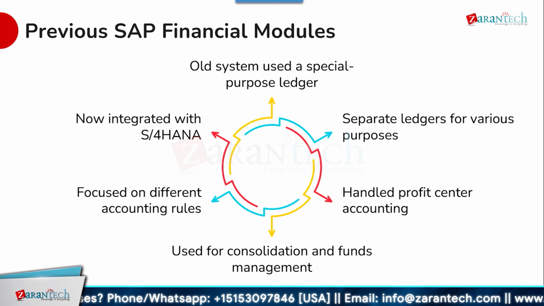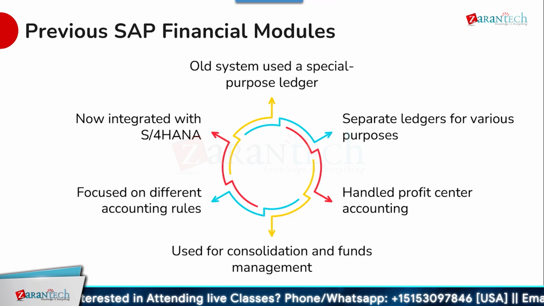Now imagine managing multiple books for a single company where each has its own set of rules and regulations. And that's how SAP's previous financial modules worked. So before the innovation of SAP S/4HANA, the older system relied on special purpose ledgers, where each ledger served a unique function like profit center accounting, consolidation, or funds management.